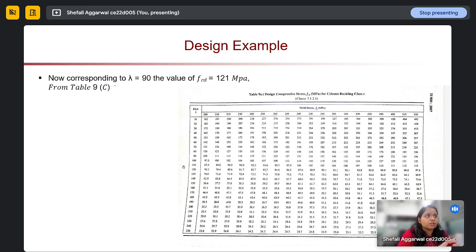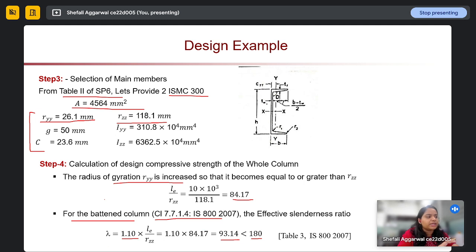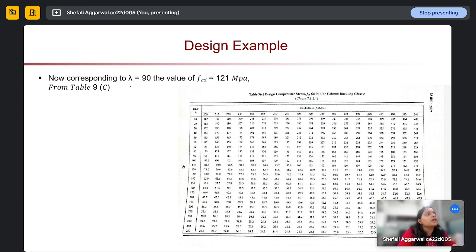Next, we have calculated the slenderness ratio as 93.14. For this slenderness ratio, we take the f_cd value of 121 megapascal, which we have assumed in the first slide. We will see what our yield strength is.